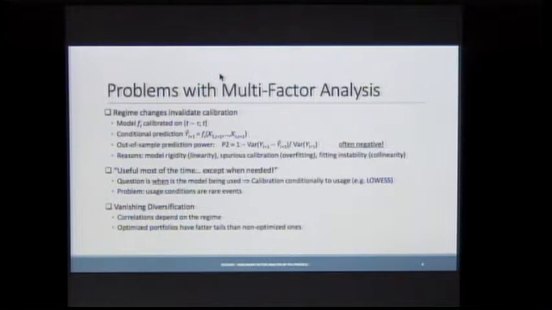Test it, you'll find it's pretty often the case. Why is it so? Essentially, the problem of rigidity of the model, which stems from the linearity. If you put too many factors, you get an overfitting problem, and you also get instabilities due to the collinearity of factors.